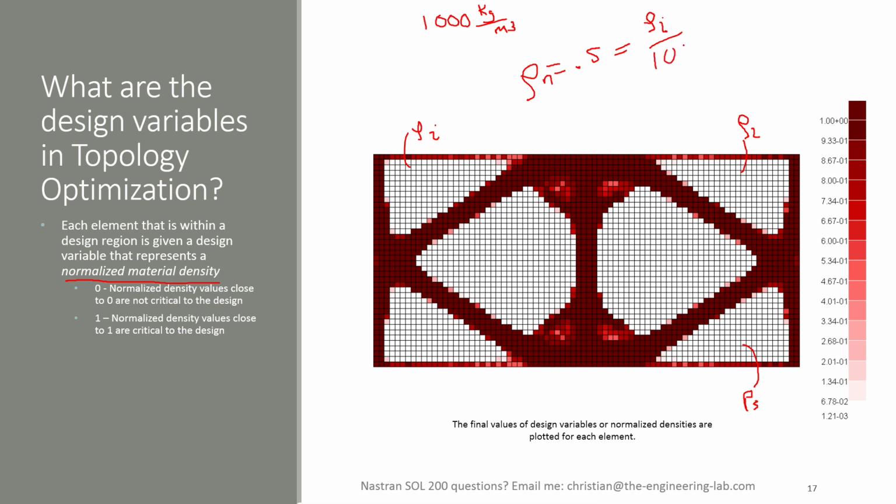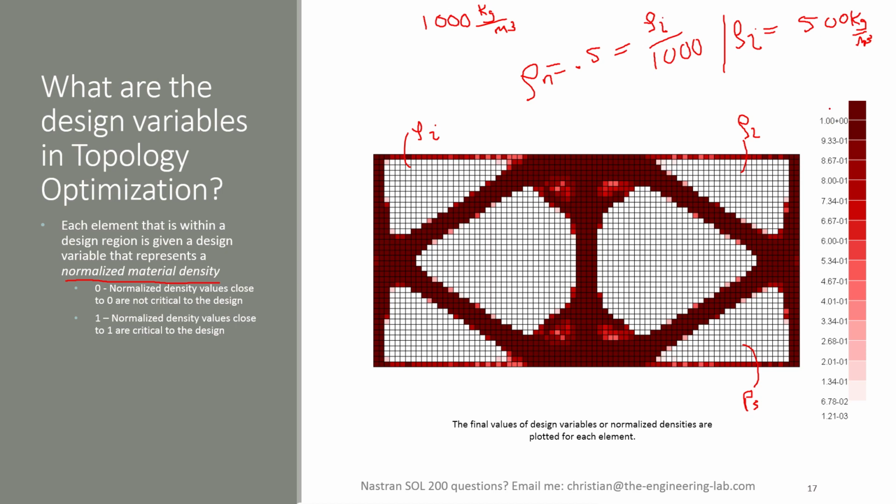If the original density was 1,000 kilograms per meter cubed, then its actual density is 500 kilograms per meter cubed. So it's this variation in these design variables that contribute to the stiffness of the structure, and it's through this that the optimizer is able to perform the optimization.